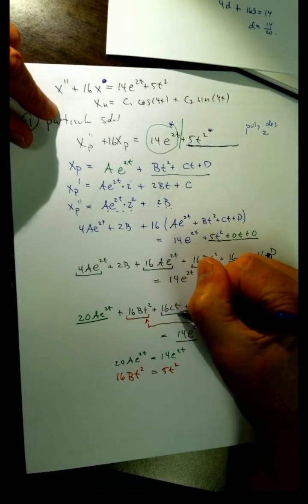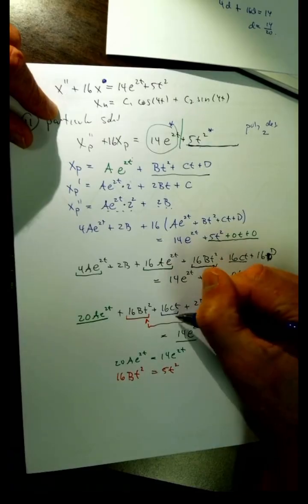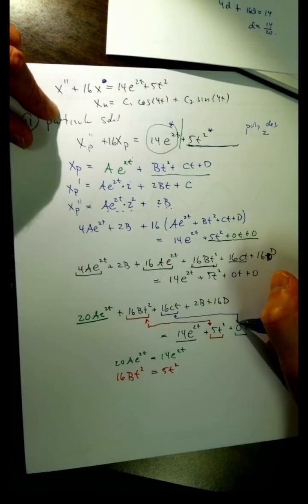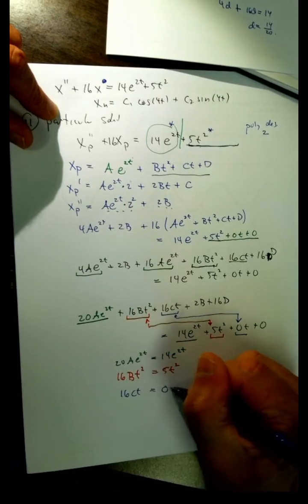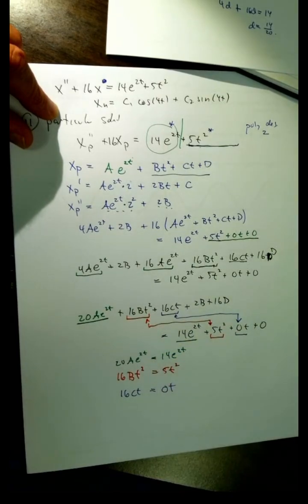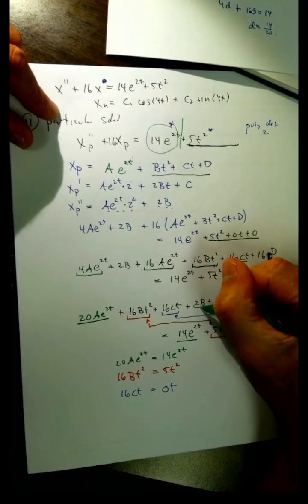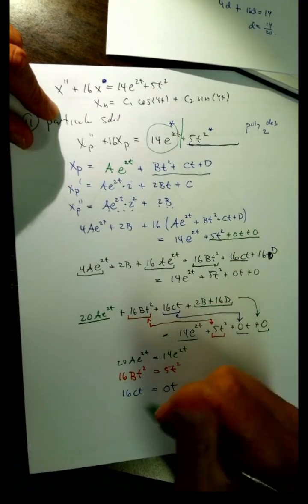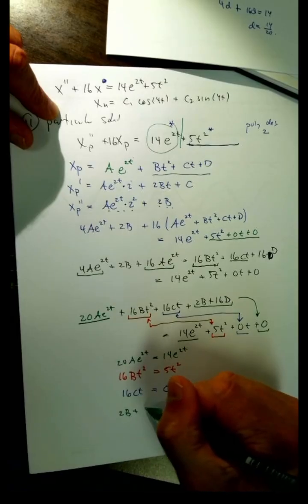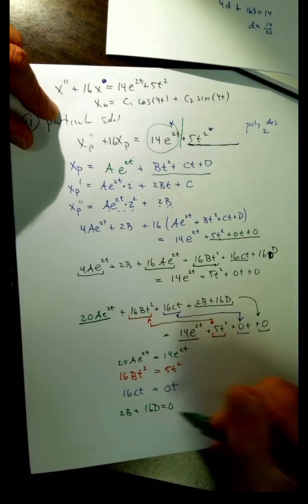And the linear terms have to be the same, which means that 16ct is 0t. And lastly, the constant terms have to be the same, so that means that 2b plus 16d is 0.